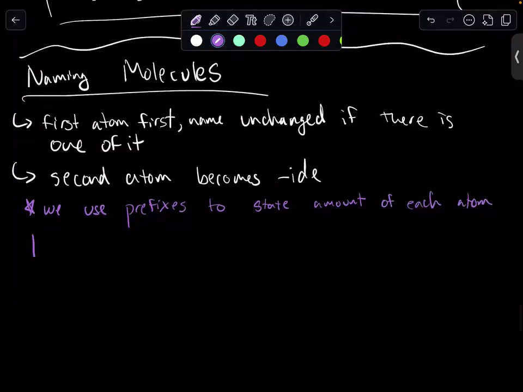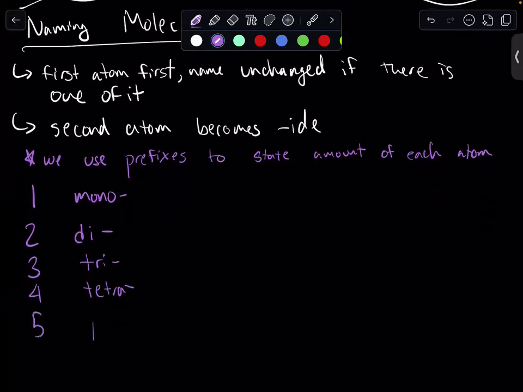So if you have one, it is mono. If you have two, it is di. Three is tri. Four is tetra. Five is penta. Six is going to be hecta.